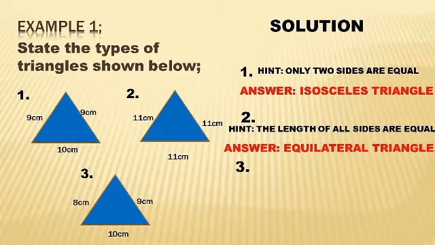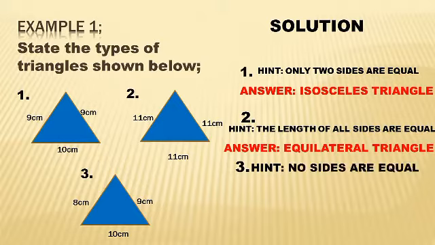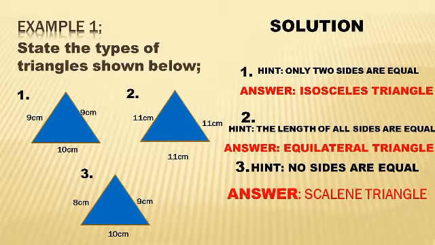And number 3, the three sides are different, meaning none of the sides are equal. And remember, I told you that the type of triangle in which no sides are equal is called a scalene triangle. Good.